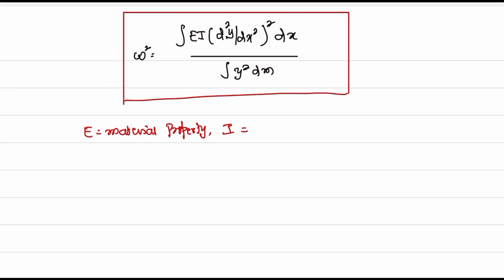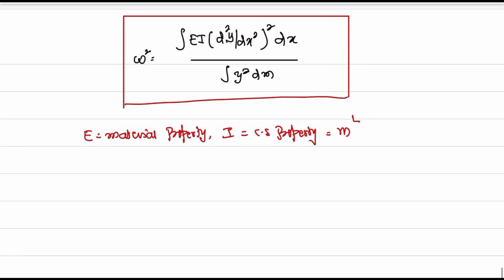I is the cross-sectional property, the second moment of area, in m to the power of 4. And E is in pascals, that is Newton per square meter, Young's modulus. And y is the deflection at x. And m is the self weight of the body in newtons. P is the load in newtons.